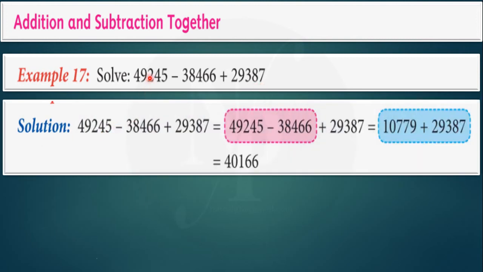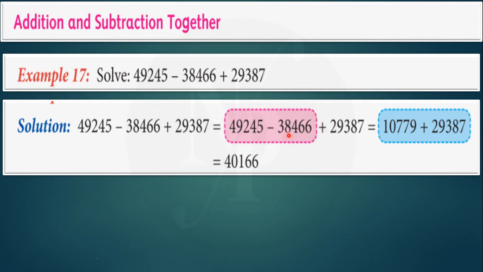Solution: the given problem is written as it is here, 49,245 minus 38,466 plus 29,387 is equal to, so here the first operation, that is subtraction operation, is marked here.